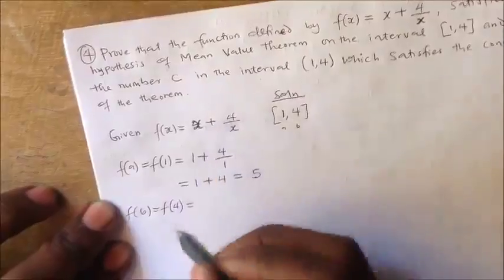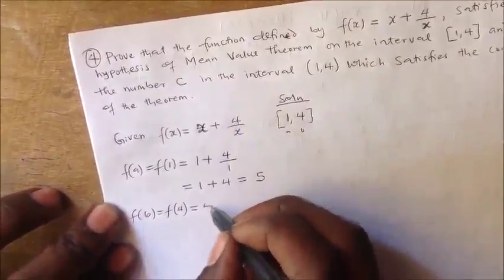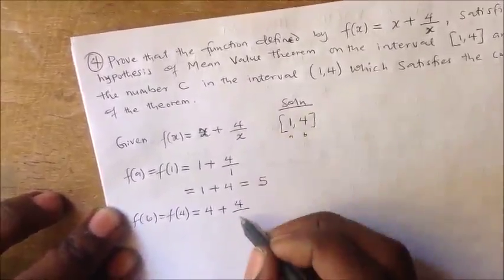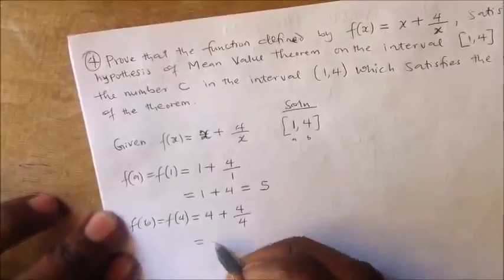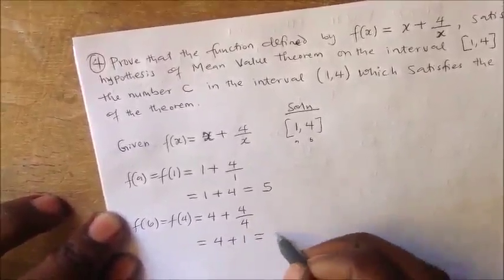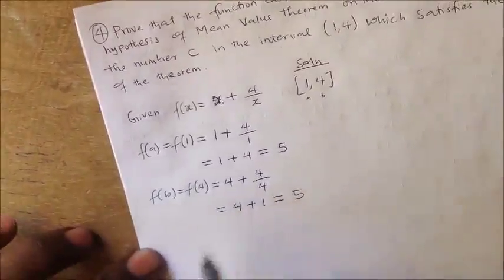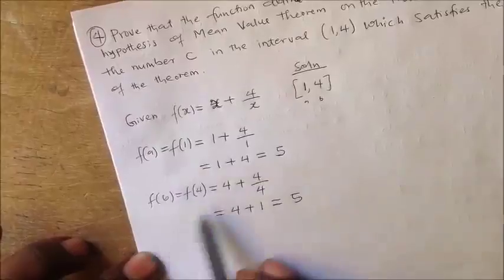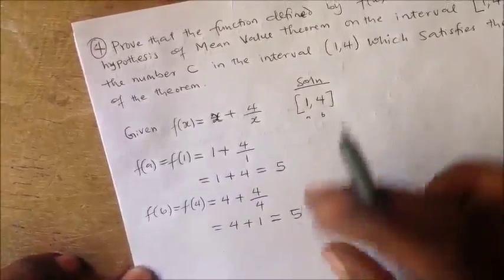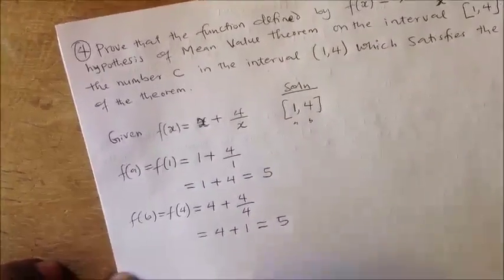Anywhere we have x in the function, we replace it with 4. So 4 plus 4 divided by 4, which is 4 plus 1, 5. So now we have found f of a and f of b. f of a is equal to 5 and f of b is equal to 5. The function is continuous at these points because none of them is divided by 0.